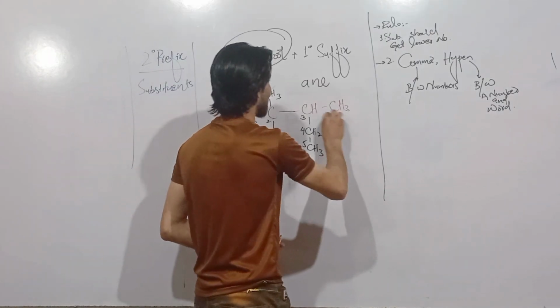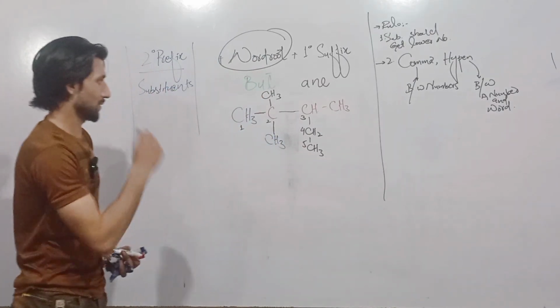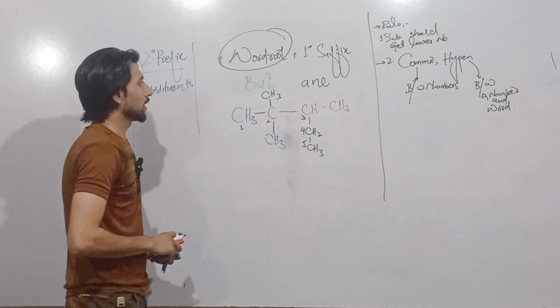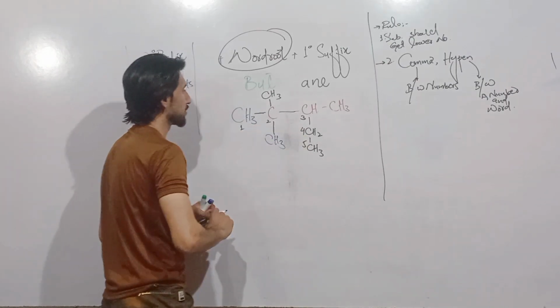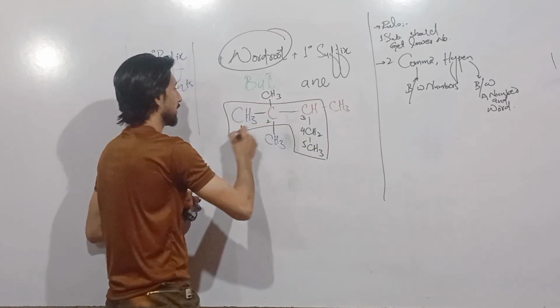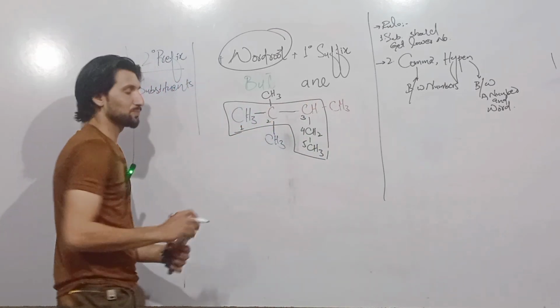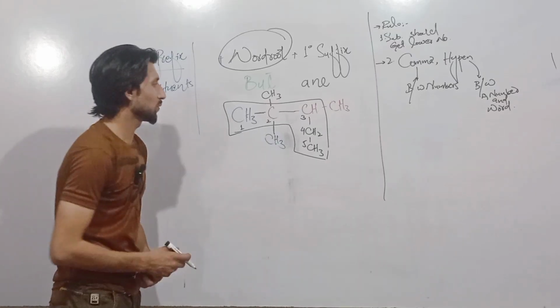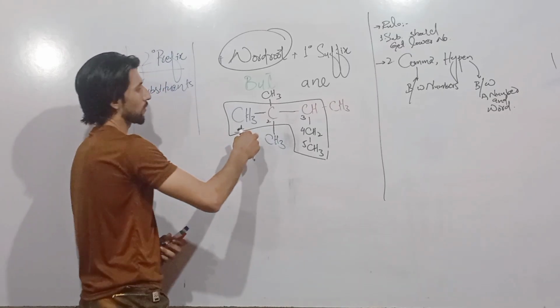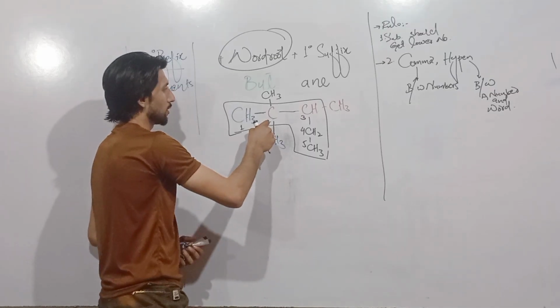The main chain could not always be a straight one. So now this is our main chain. Our main chain contains 5 carbon atoms. So now you should name this compound, and we know that there are 3 substituents attached.